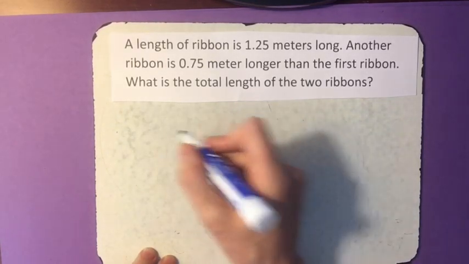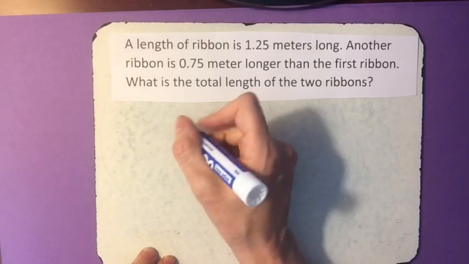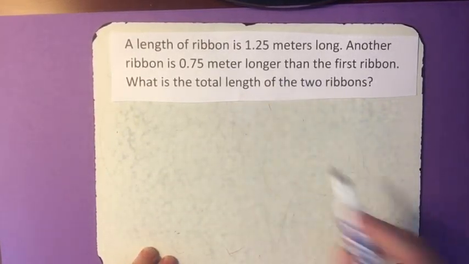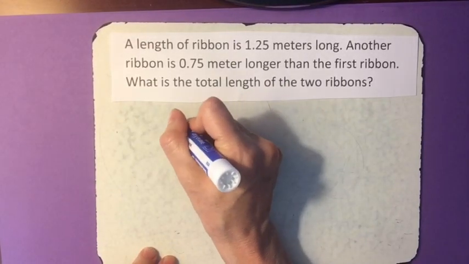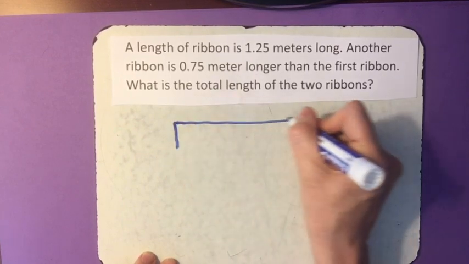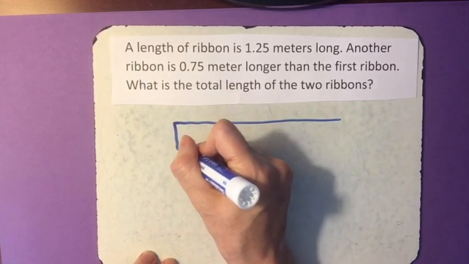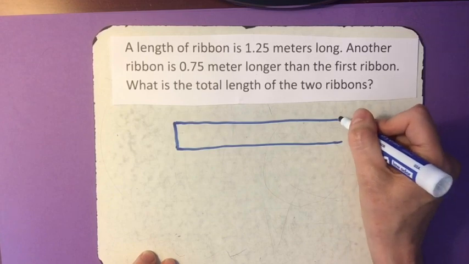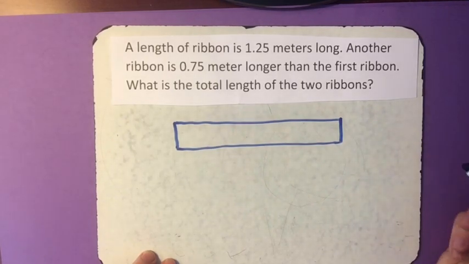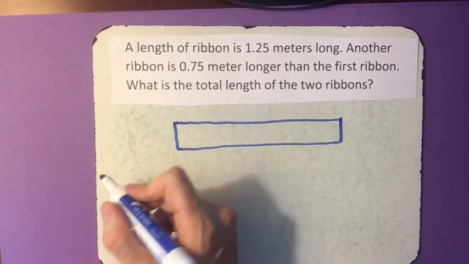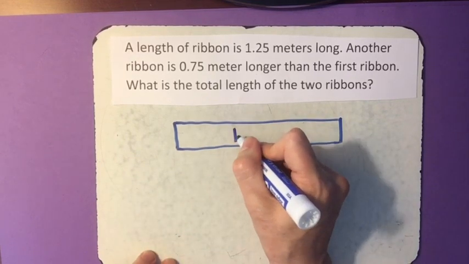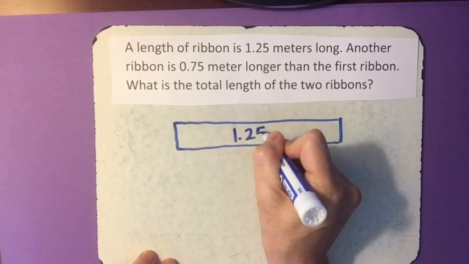So have you noticed that I'm forgetting to say 1 25/100? So I'm going to make sure I do that better starting now, because it's easy to say 1.25, but it's really 1 25/100 in math class, right? So here's the length of the ribbon, and it is 1 25/100 of a meter.